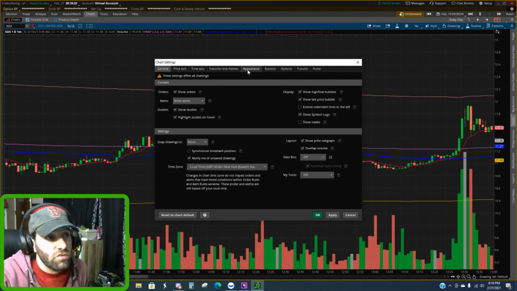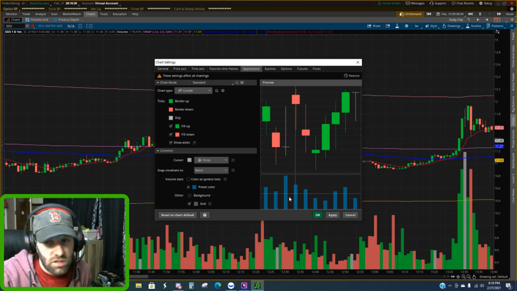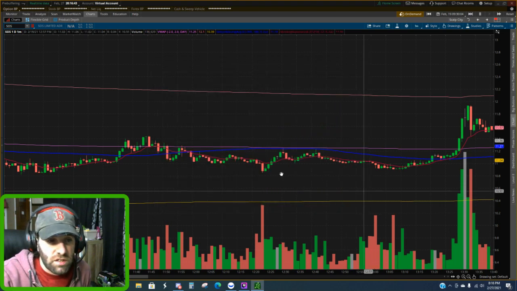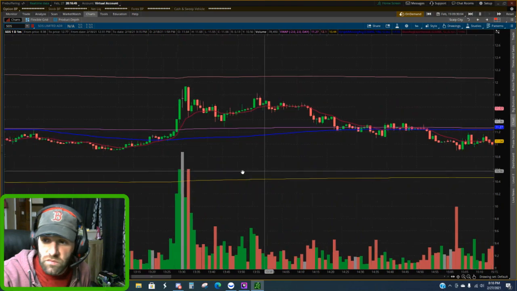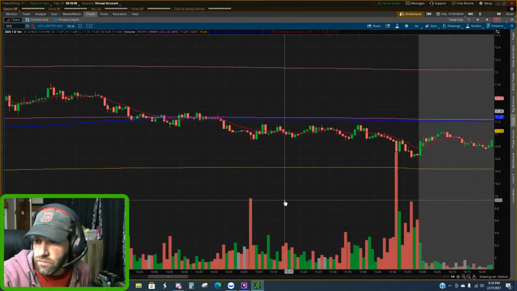So if you go to appearance, I believe you can fill in your candles this way. Color as symbol ticks for your volume bars. This is what the volume looks like in default. So you select this. It just makes everything, to me, quicker to identify which way the volume's going.